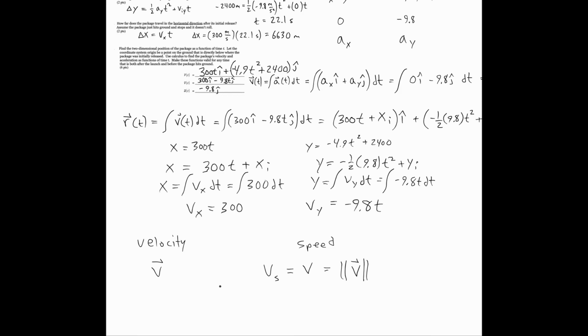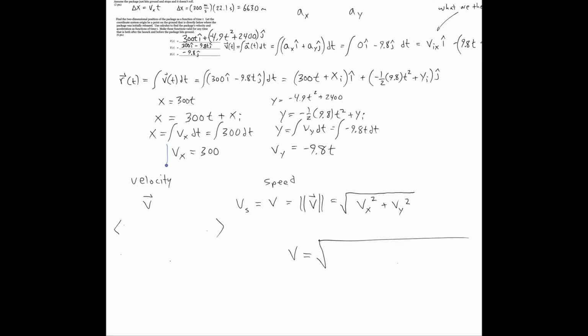Alright, so we have a formula for the velocity of this falling projectile. We want this and this. Alright, so we're going to have 300 comma negative 9.8t. Plug those things into the formula.